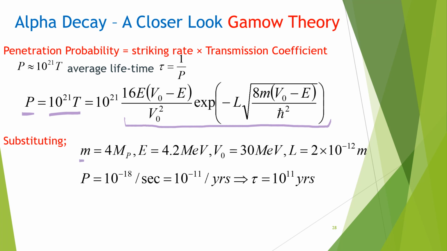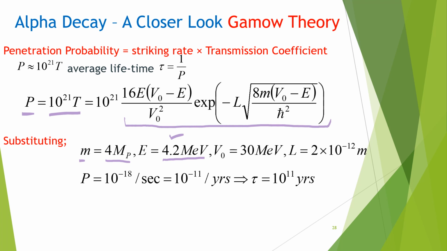Now m, that is the mass of the alpha particle, we can consider as 4 times the mass of a proton. The energy E is equal to 4.2 mega electron volt. This is the energy with which the alpha particle is emitted.